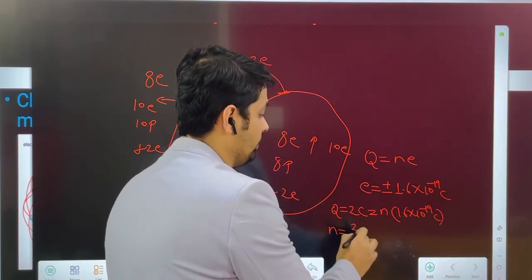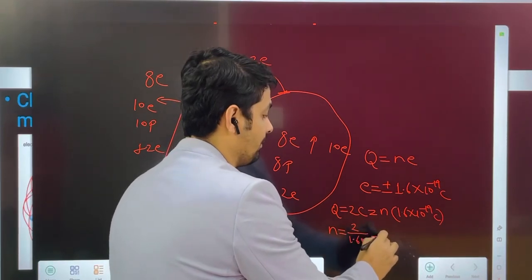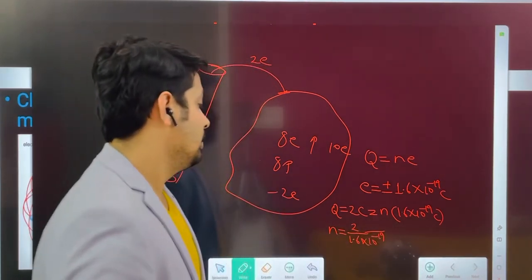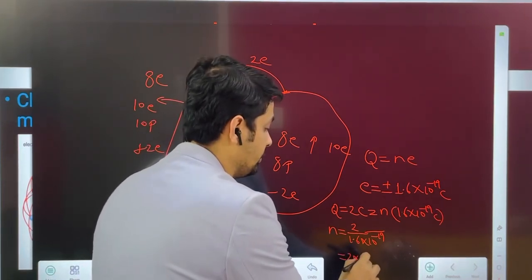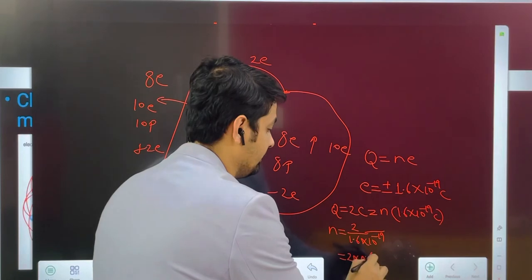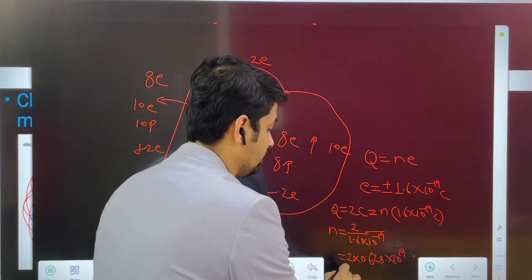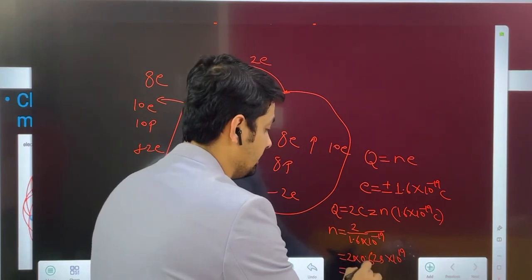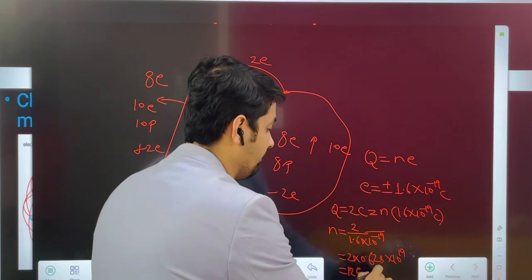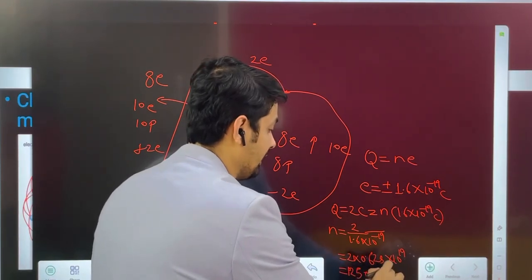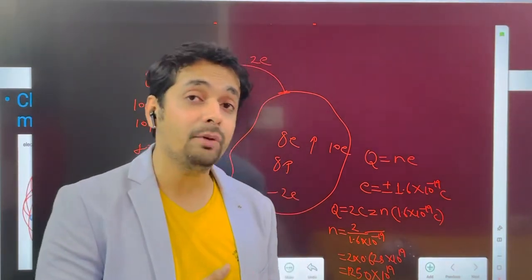N is 2 divided by 1.6 into 10 to the power minus 19. If you divide it, you will get 2 into 0.625 into 10 to the power 19. So finally you will get 1.25 into 10 to the power 19 charge carriers. Like that you can find how many electrons or protons get transferred.